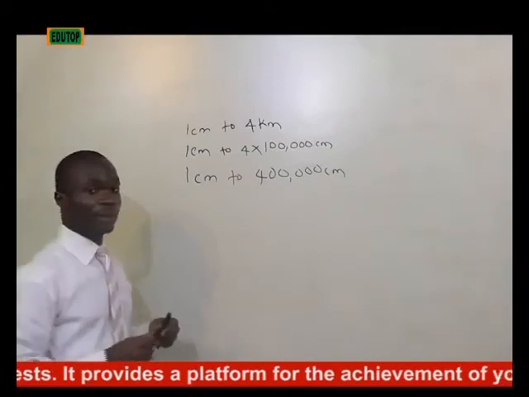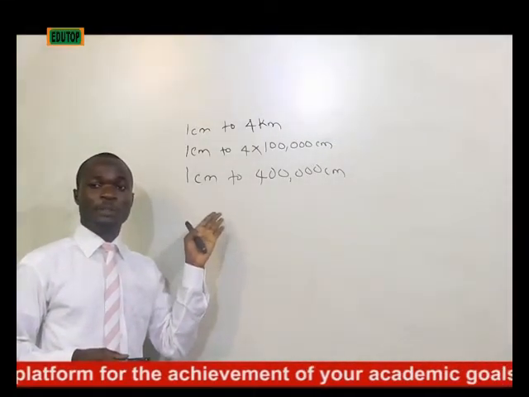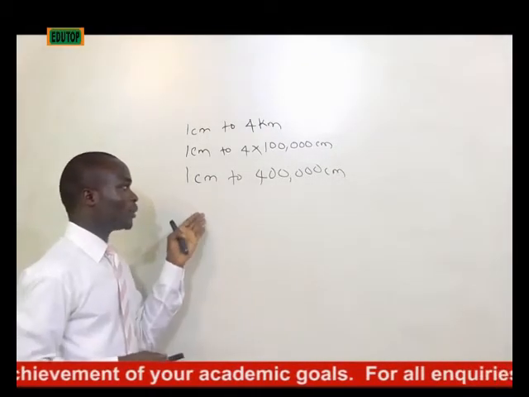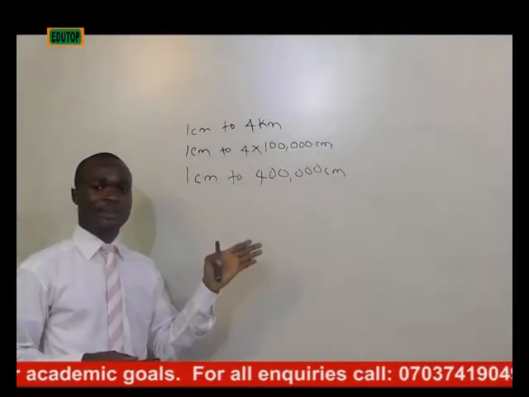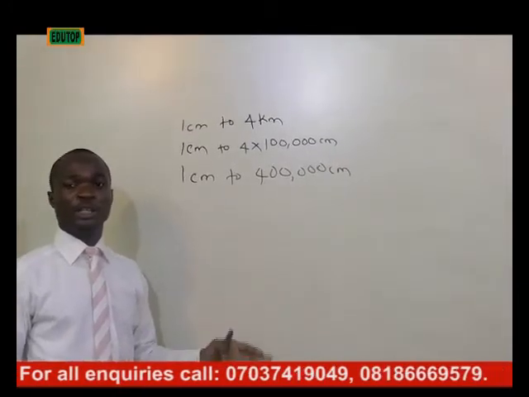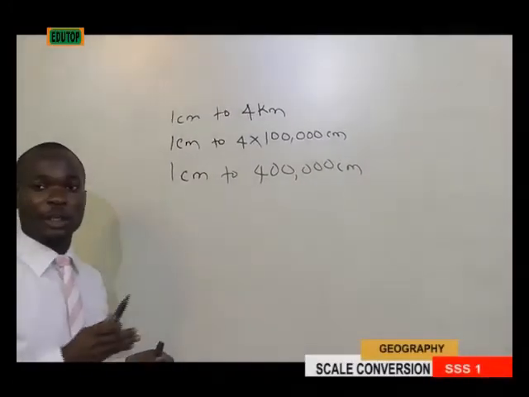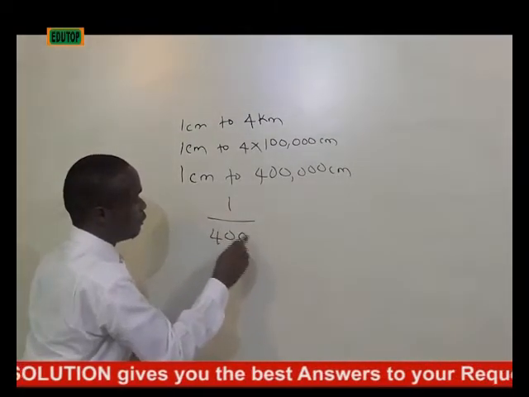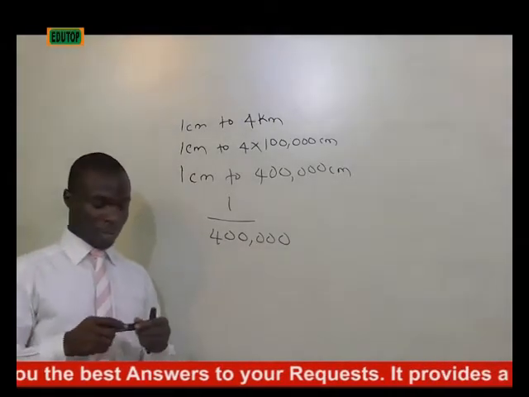So the next thing is to write them in the representative fraction scale. Note that the numerator is the map distance, while the denominator is the ground distance. So to write it in RF scale, what we have is 1:400,000 cm.